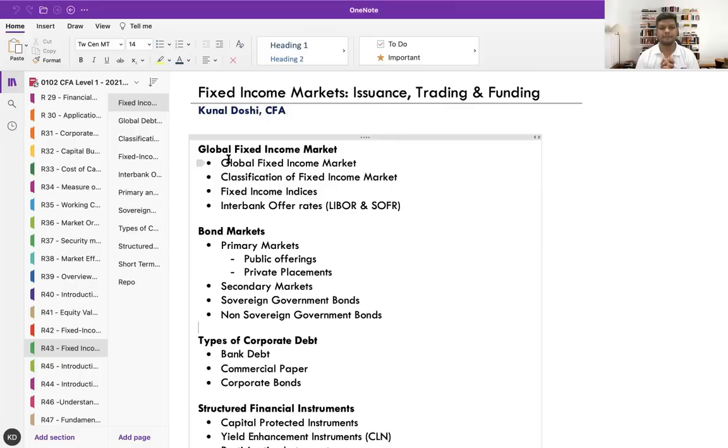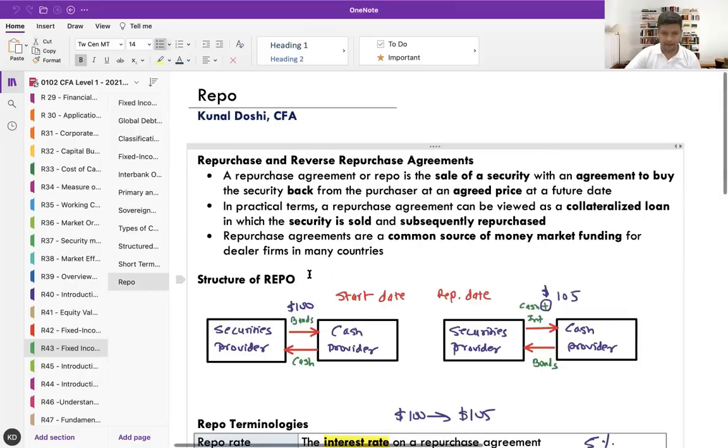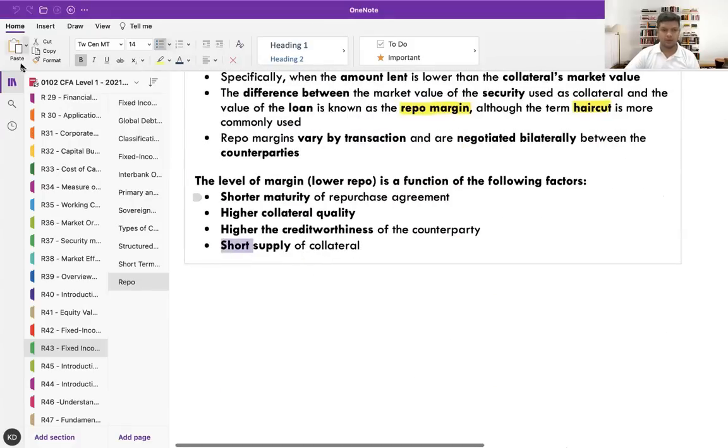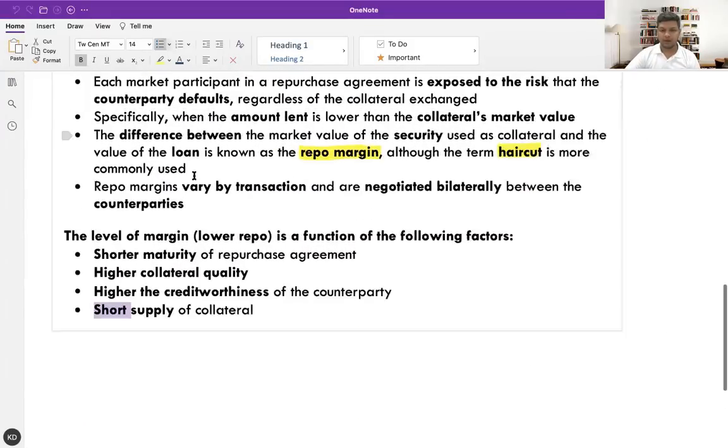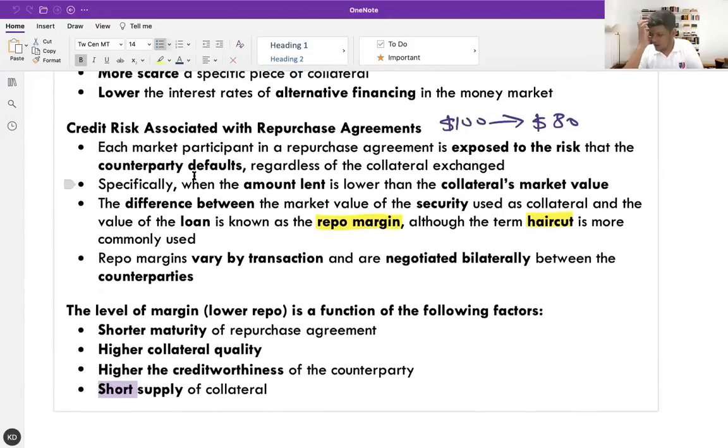The last topic of the repo rates, you said there is a haircut margin where the lender is willing to lend you more money than your collateral. So that is allowed here. Correct. In fact, that's how the borrowing market works.